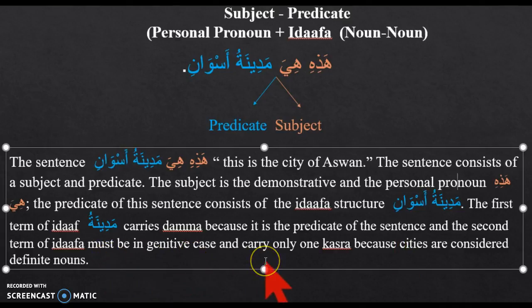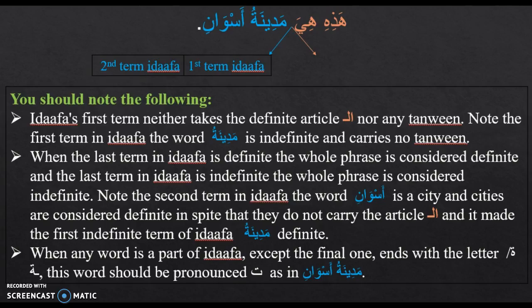That's why it carries one kasra, because cities are considered definite nouns. Okay, let's go over this step by step. مدينة is a noun and it's called the first term of إضافة, and أسوان is the second term of إضافة.